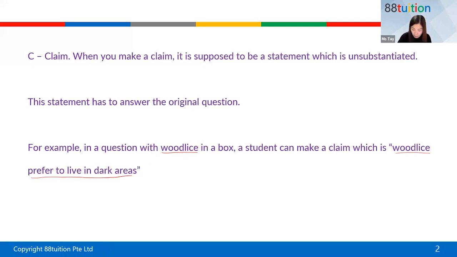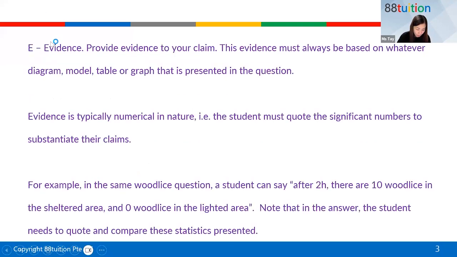Now, if we want to talk about evidence, evidence is important because every time you write a claim, you need to support it with something you can find inside the text, inside that paragraph, inside the question. That is called the evidence. Whatever is found inside there is the evidence.